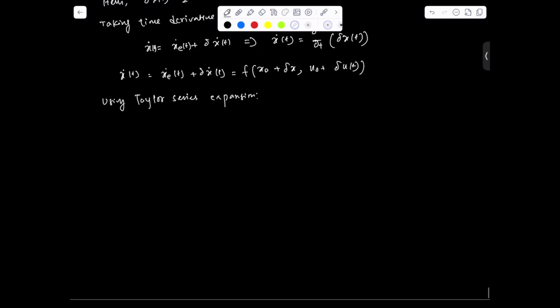So using Taylor series expansion, we can write x dot of t. Here this part is assumed to be 0.